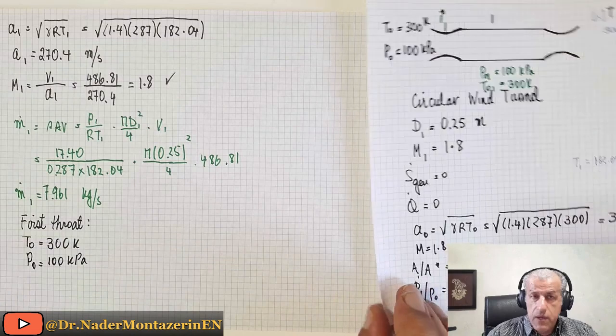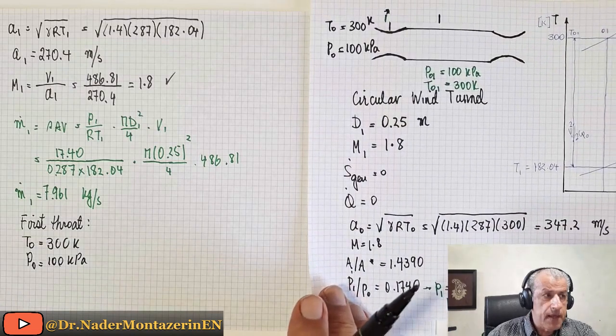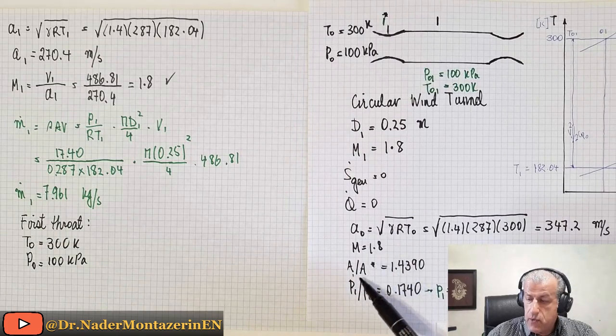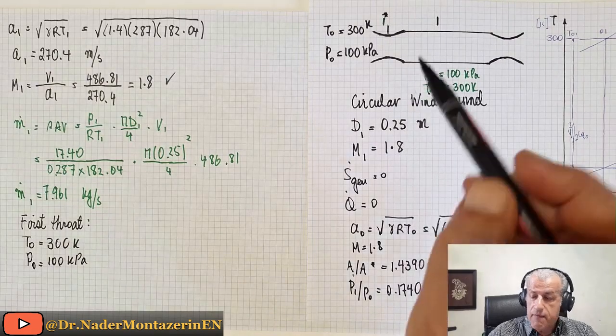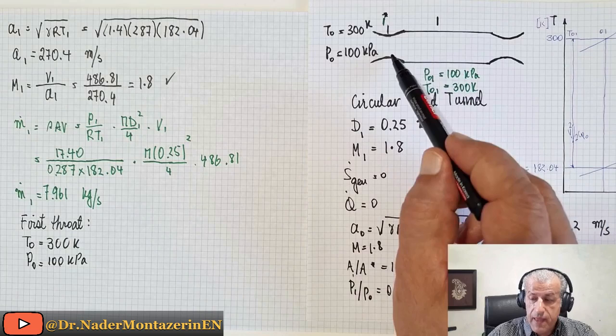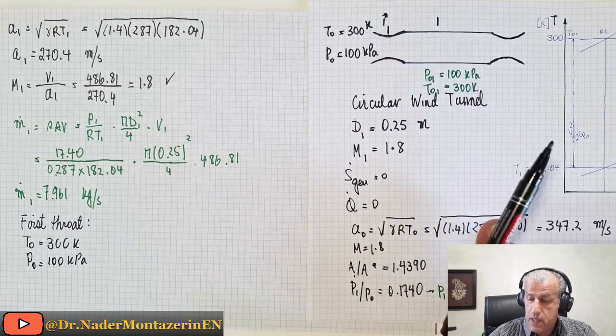when we were talking about the test section, we learned that A over A star is 1.4390. I mean, we learned the ratio between the area of this test section and the area of the throat.